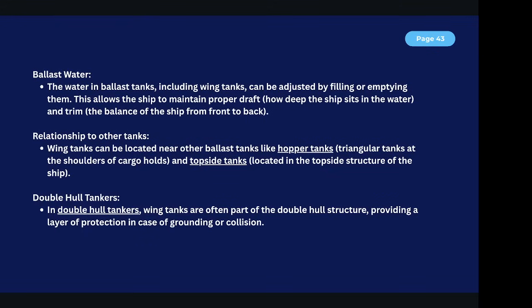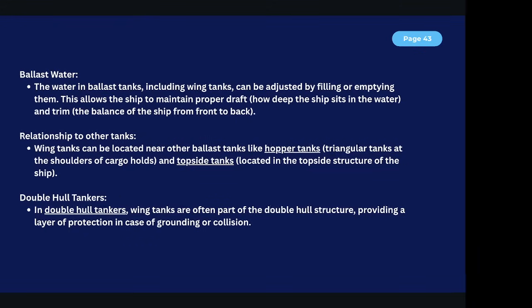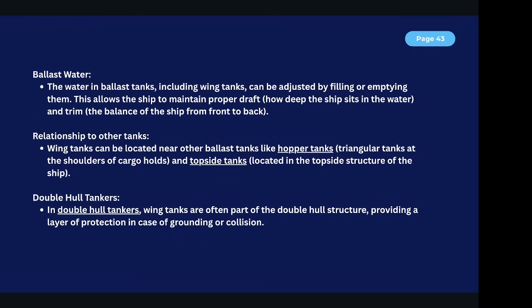So, relationship to the other tanks. The wing tanks can be located near other ballast tanks like the hopper tanks, or what we call the triangular tanks at the shoulders of the cargo holds, and the topside tanks.